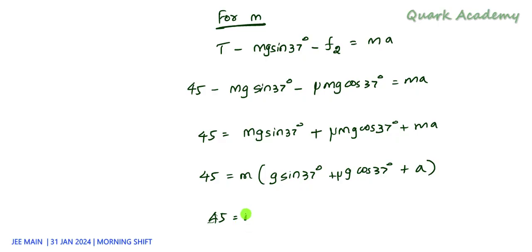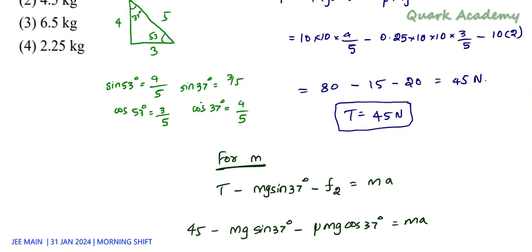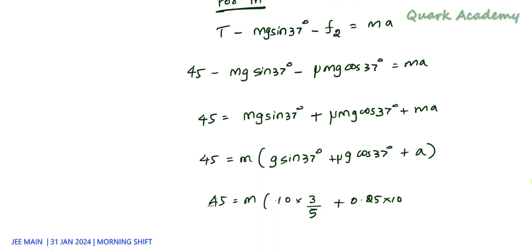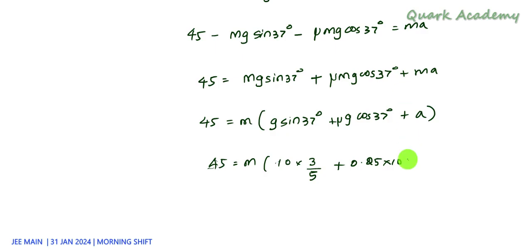So 45 equals m into g sine 37, how much? 3 by 5, times 10, plus mu, which is 0.25, into 10 cos 37, 4 by 5, plus acceleration, which is 2.